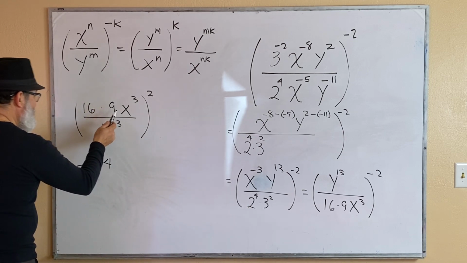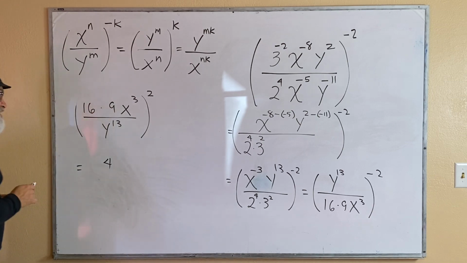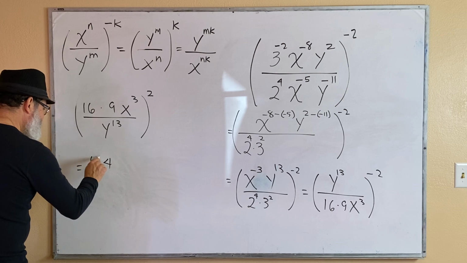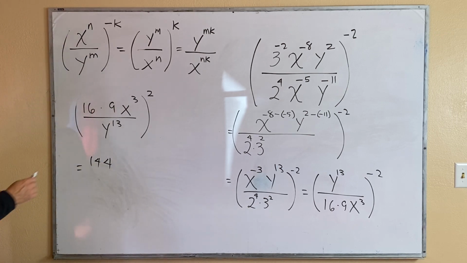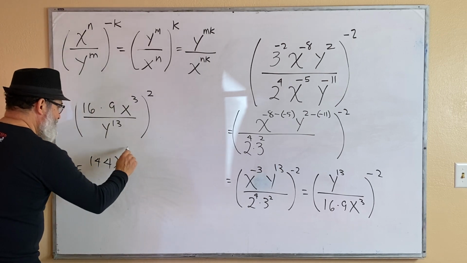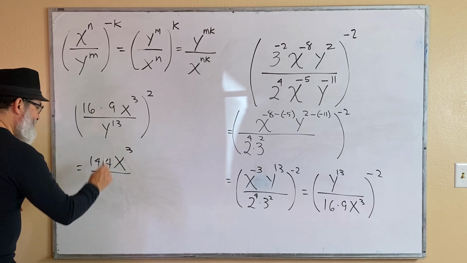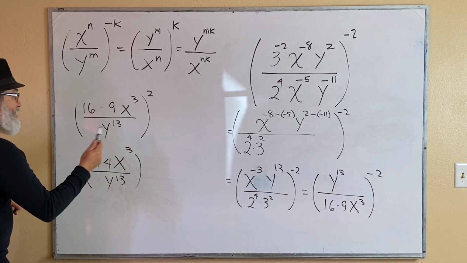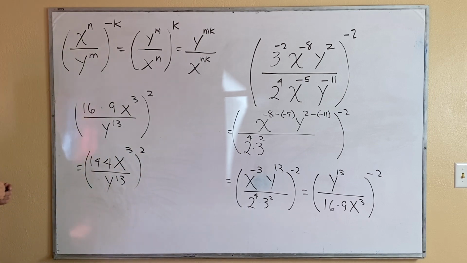That's 54, takes 5. 9 times 1 is 9 plus 5, 14, right? 144. x to the 3rd, y to the 13th, raised to the 2nd. Okay? All right. So here we go.